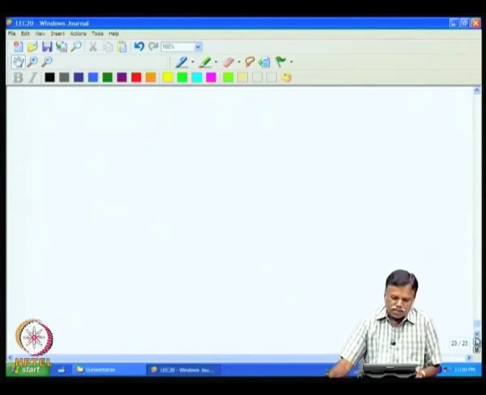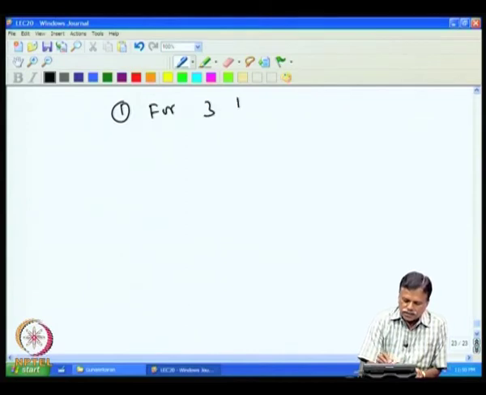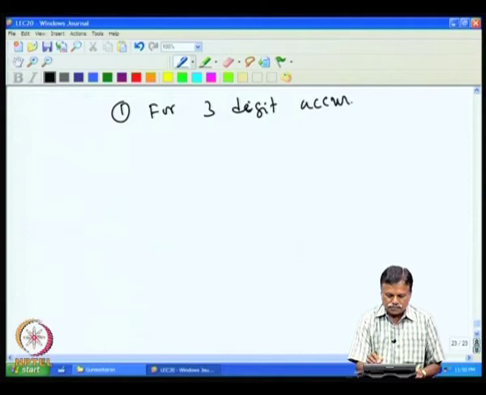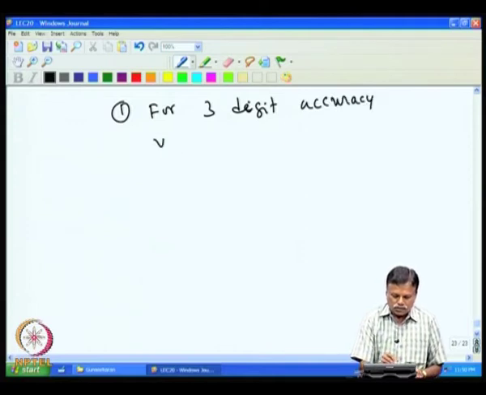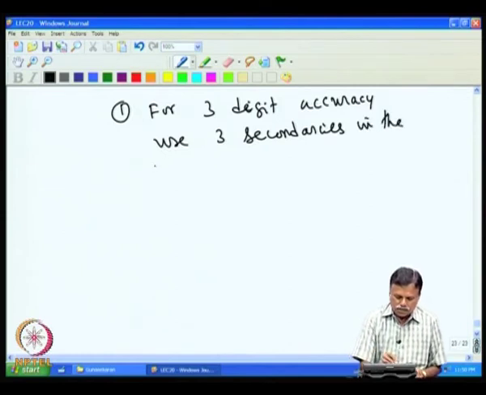To measure this, for 3 decades, or for 3 digit accuracy, use 3 secondaries in the ratio transformer.